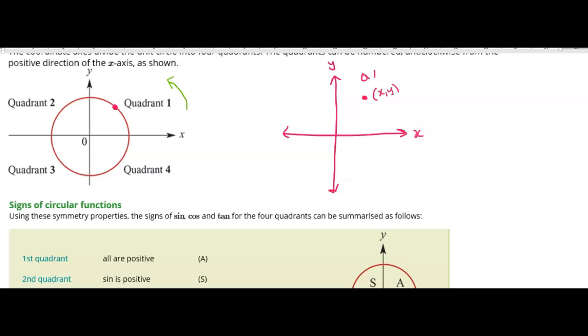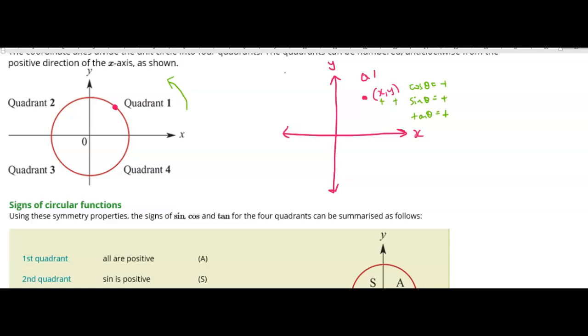Yeah? So this point here, whatever x is positive, and whatever y is also positive. So that means because x is equal to cos theta, in quadrant 1 cos is positive, sine theta is also positive, and tan theta, because tan is sine over cos, is also positive.